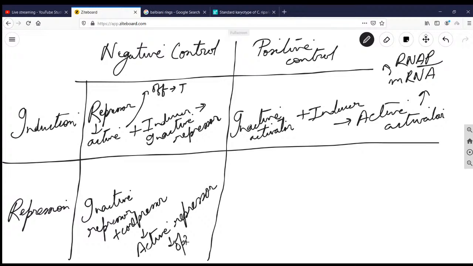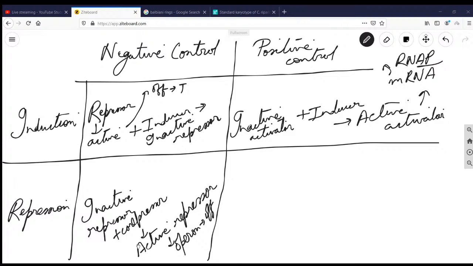Now the operon is off. In the beginning the operon was on, now it is off. That is negative repression, because the repressor was inactive in the beginning and the co-repressor made it active. Just the opposite of inducible.